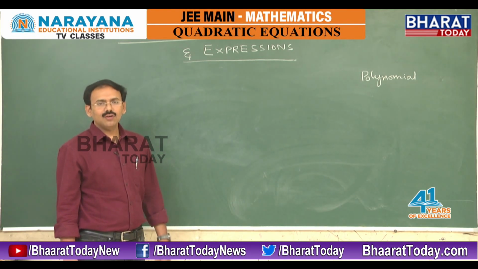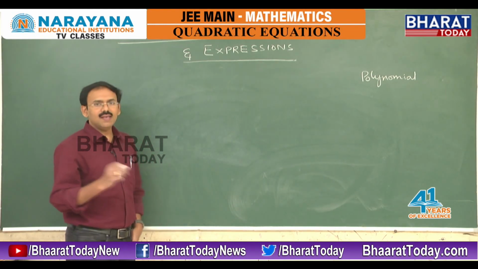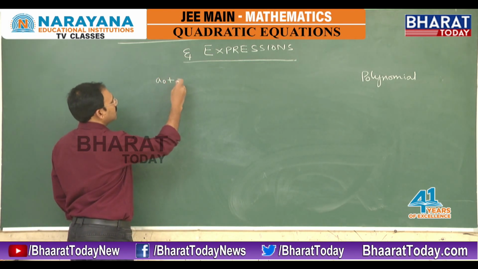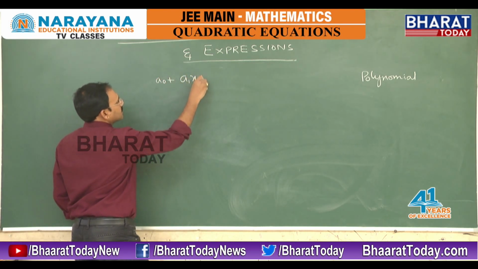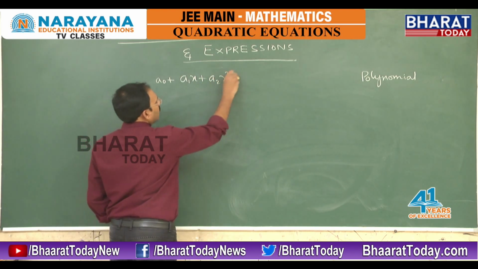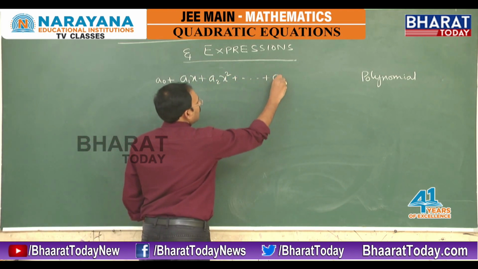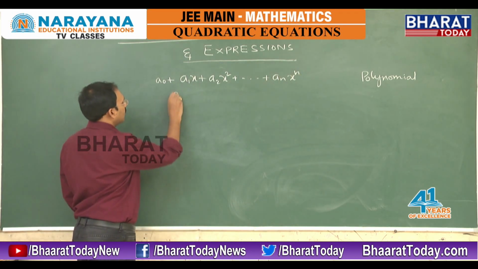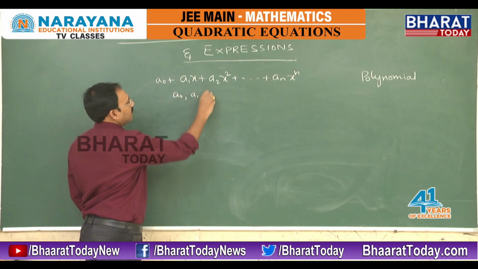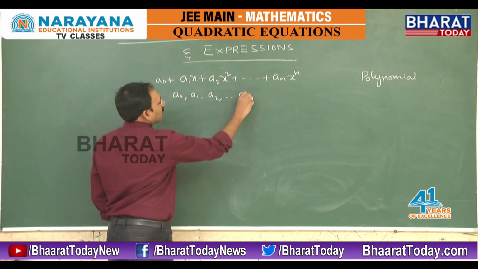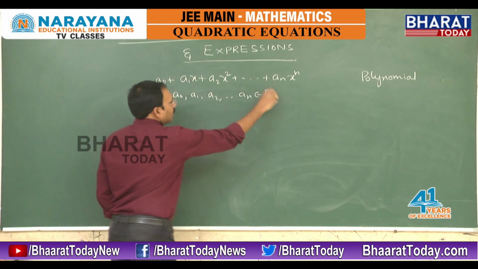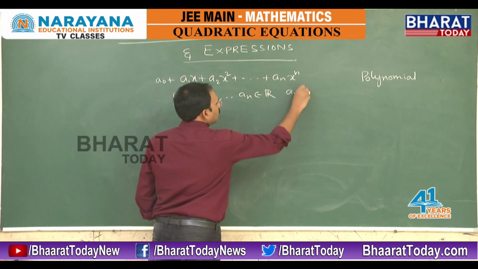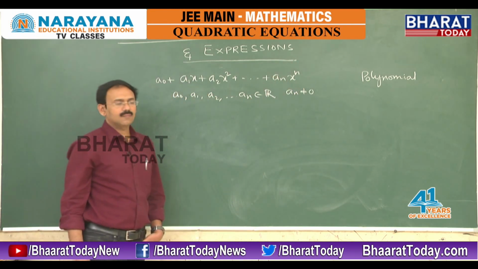Polynomial. We know that a polynomial is an expression of the kind a0 plus a1x plus a2x square and so on, an x power n, where a0, a1, a2 and so on, an are real numbers and an is not equal to 0.